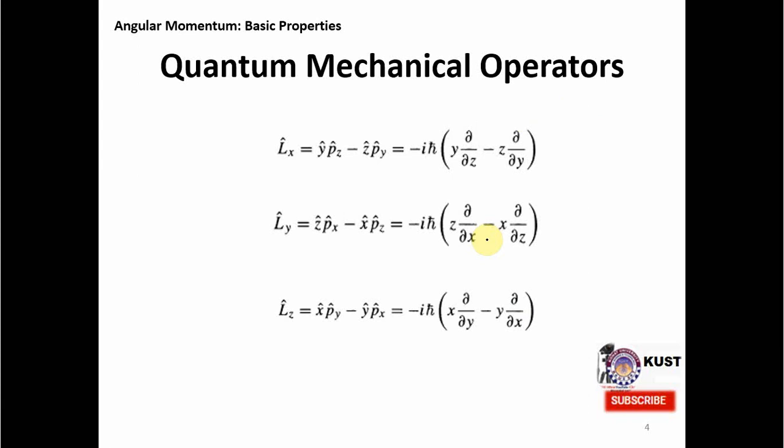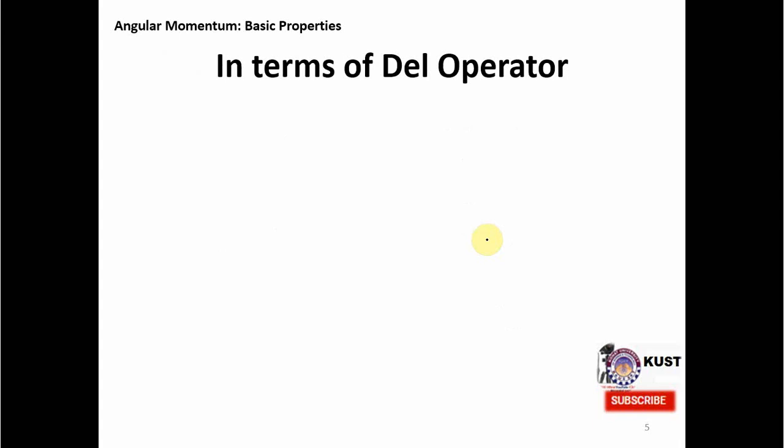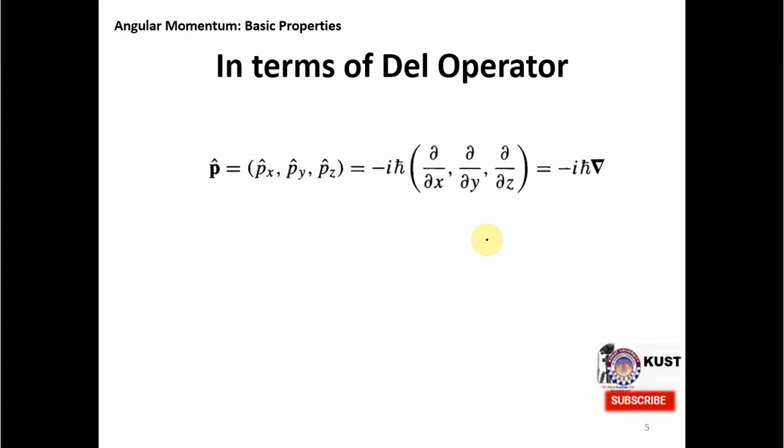If we combine them, what we get is to write them in terms of a del operator. You're wondering what the del operator is? Then here you can see, recall the definition of the linear momentum, p, which is px, py and pz, and that is equal to minus i h bar times del by del x, del by del y, del by del z.